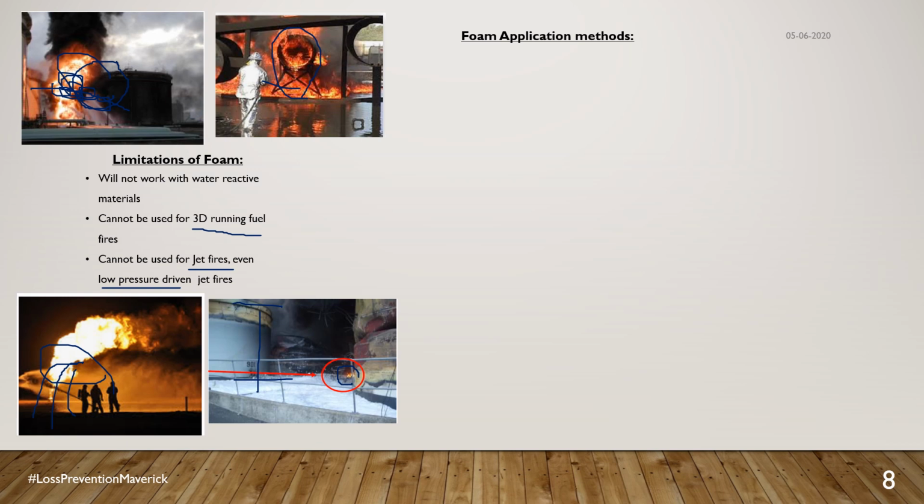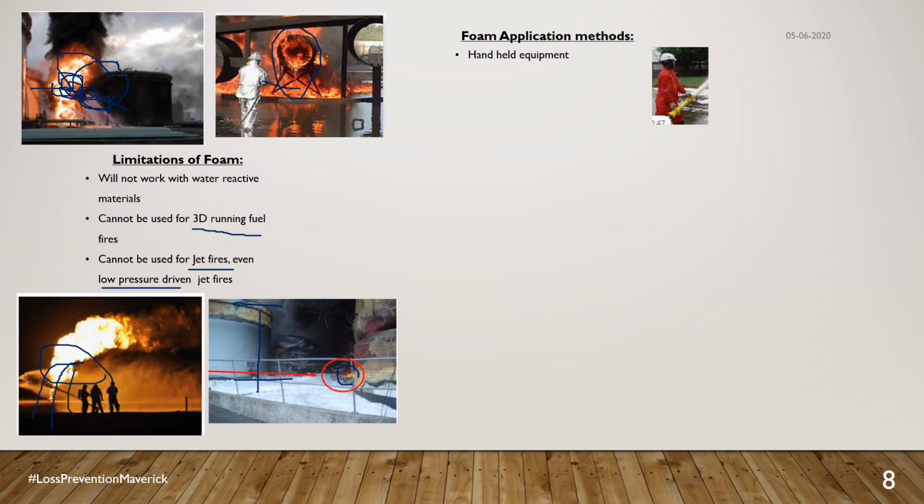Now, what are the various foam application methods? It can be by using handheld equipment, if you see the person using it. With my experience in firefighting, this is not one of the best stances. He can possibly lean in a bit forward so that he'll be able to stabilize his body weight.